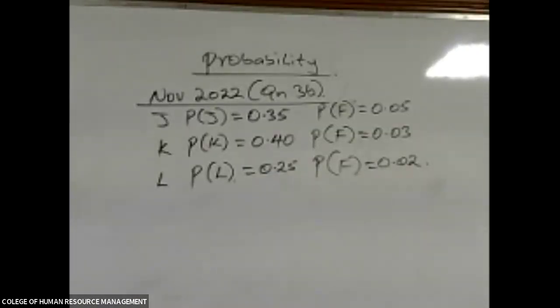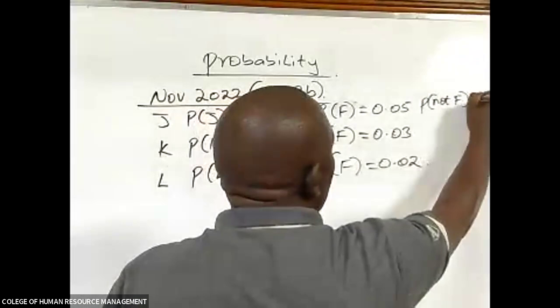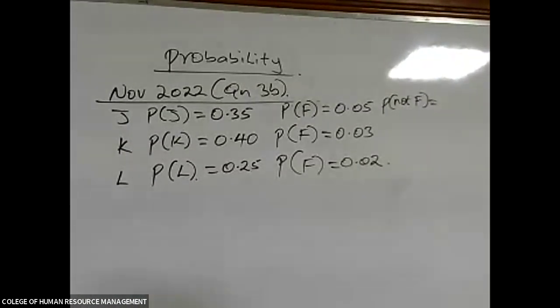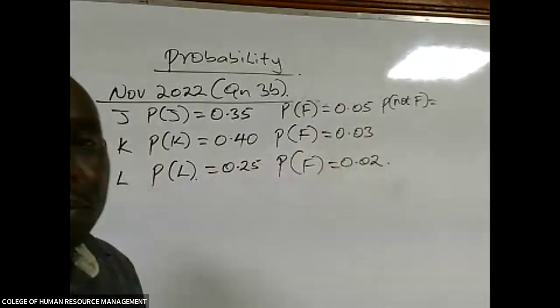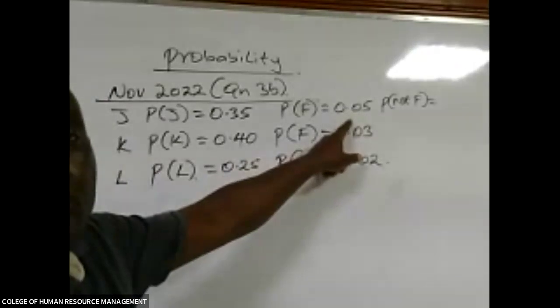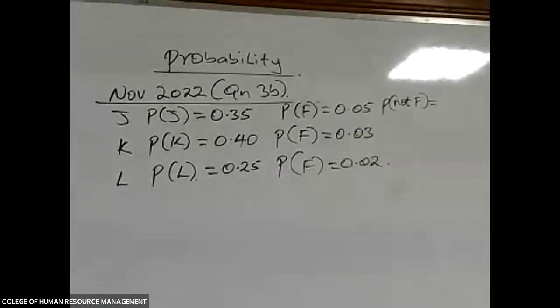A pen is selected at random. Calculate the probability that a pen is made using J and it is not faulty. If it is faulty, this is the probability that it is not faulty. We said the probability of something happening plus the probability of the same thing not happening must add up to 1. So if the probability that the item is faulty is 0.05, the probability that it is not faulty is 1 minus this. You take 1 minus the probability that it is faulty to get the probability that it is not faulty.